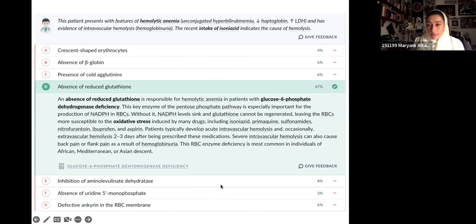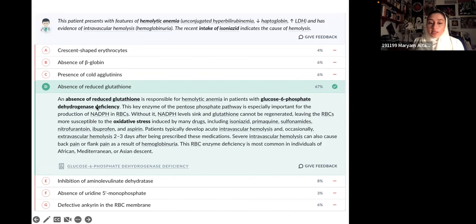Another way of asking it is, what is the mechanism by which G6PD deficiency occurs? Or why do they have hemolysis? It's because of an absence of reduced glutathione. Basically, these patients lack an enzyme which helps with the pentose phosphate pathway.